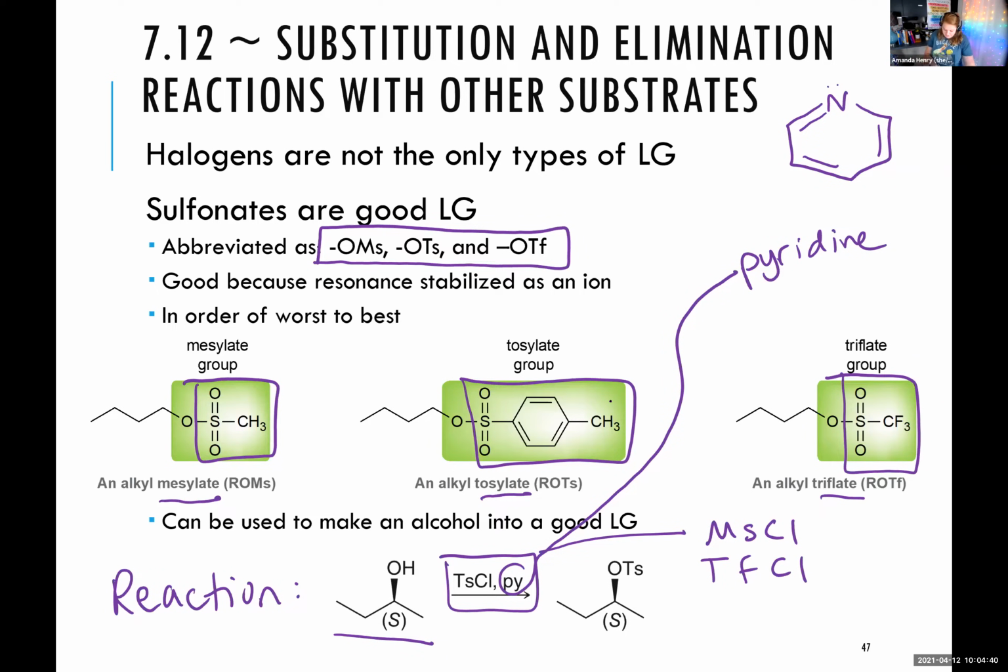So in this reaction down at the bottom, then, this is essentially like a pre-reaction. So if we want to go through SN1, SN2, E1, or E2, and our leaving group is an alcohol, we would do this reaction first, and then we could go through any of those other pathways. And then we have a couple other things that alcohol can do.